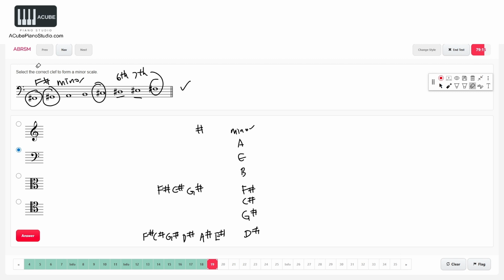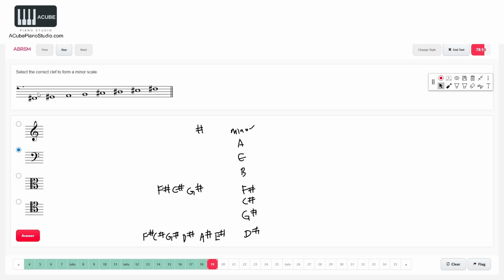But before we confirm that it's bass clef, let's check the rest, the alto and the tenor clef. You'll notice that for some questions, it requires a bit more checking than others. Next, let's take a look at this. This is my alto clef.